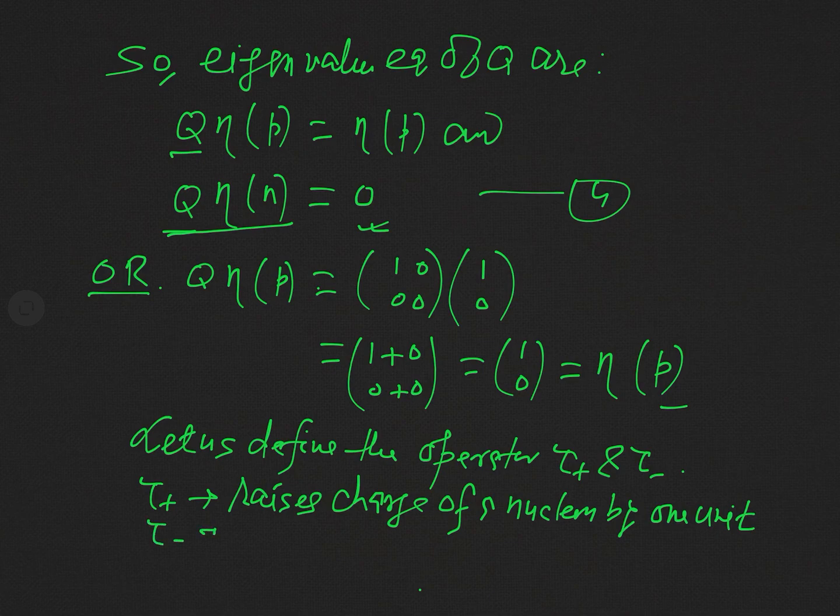And this tau minus decreases, or you may say lowers, the charge of a nucleon by 1 unit.